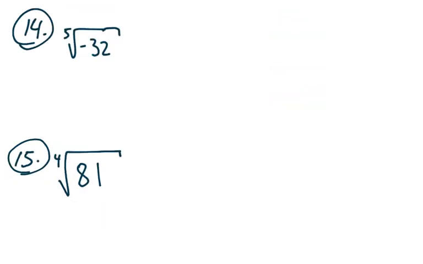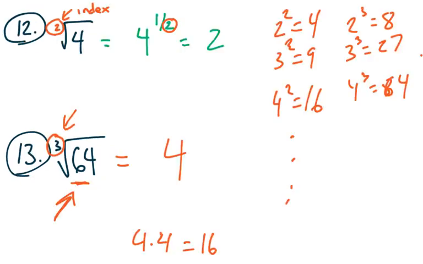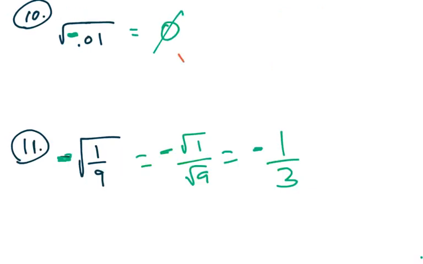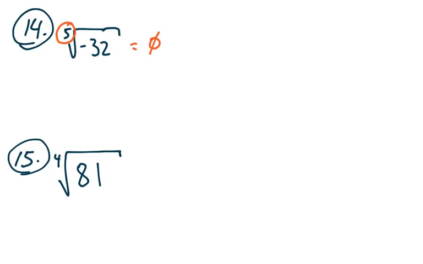Okay, number 15. This is the 5th root of negative 32. A lot of people put this as the empty set because we said earlier you can't take the square root of a negative. However, this is inaccurate. This is not true. This answer here is negative 2.